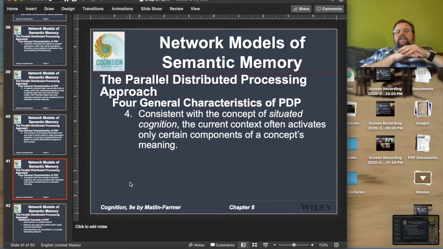What this is trying to tell us is that depending on the situation or the environment that you're in, the environment will, in a sense, be a precursor or almost act as a primer for the types of things that will come to mind. We talked about this a little bit with memory.